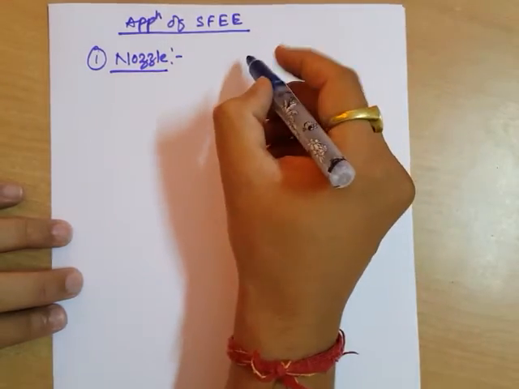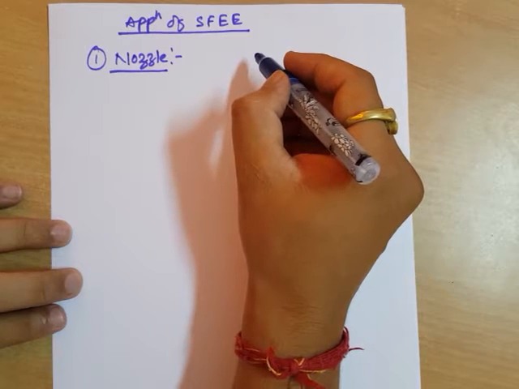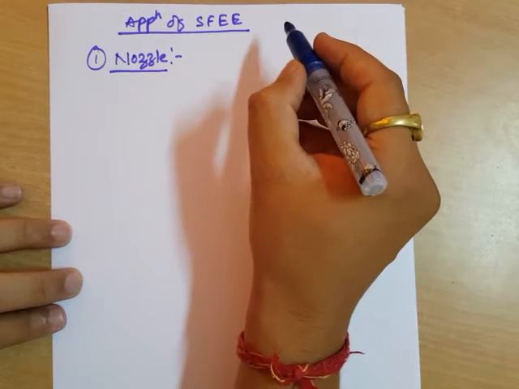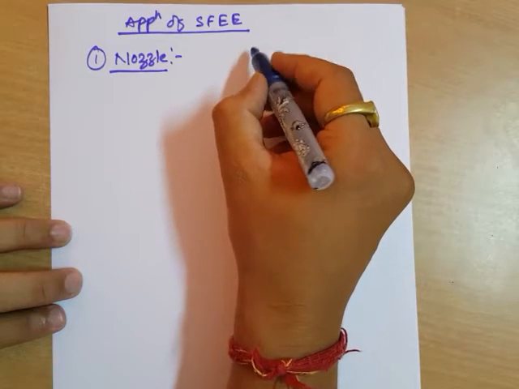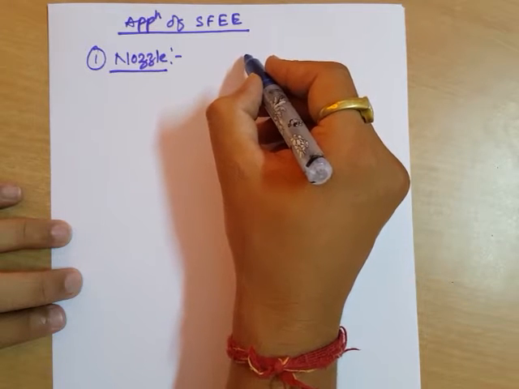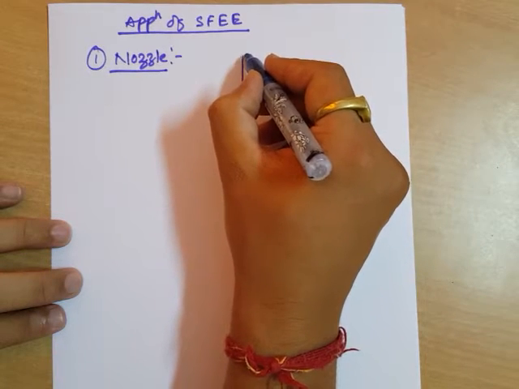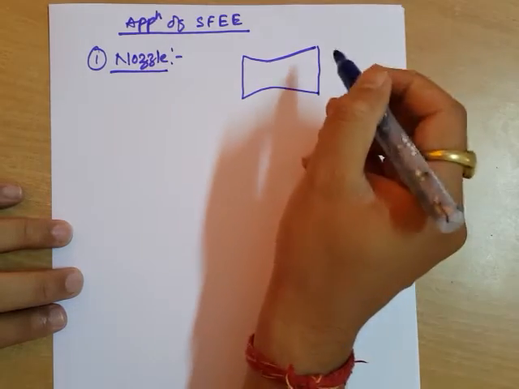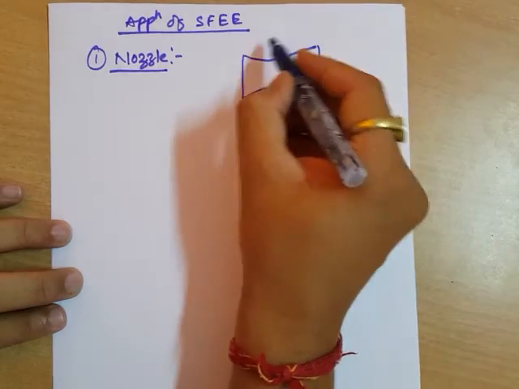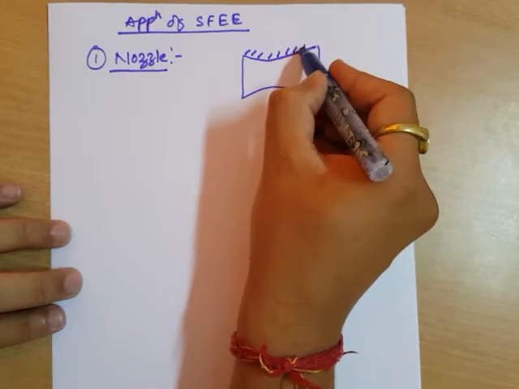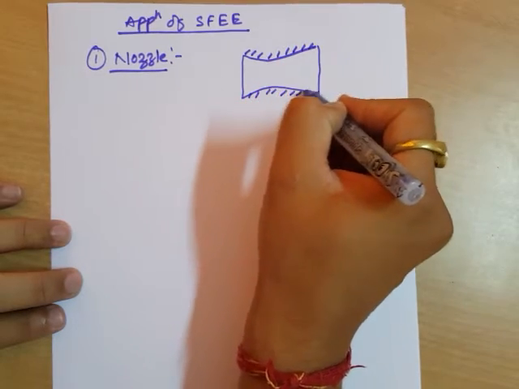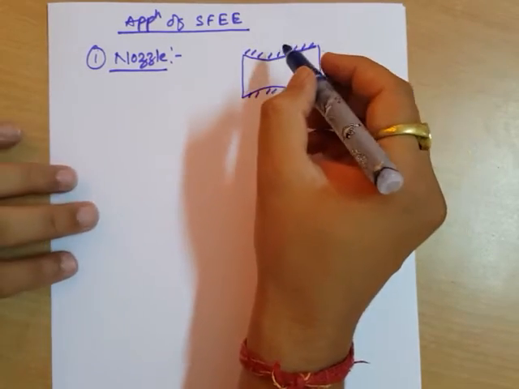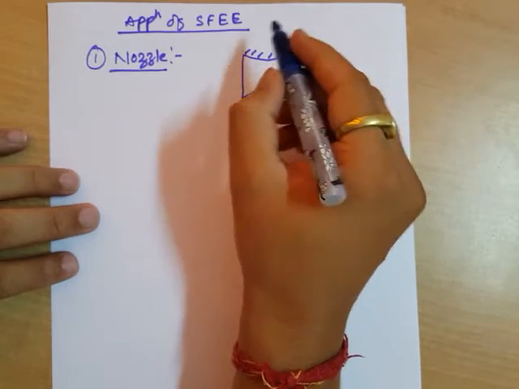Now a nozzle is a device which is used to increase the velocity of the fluid. Let us say that we have a nozzle, a converging-diverging type of nozzle, a generalized case, and let us say that this is adiabatically sealed so that no heat can leave or enter this nozzle.